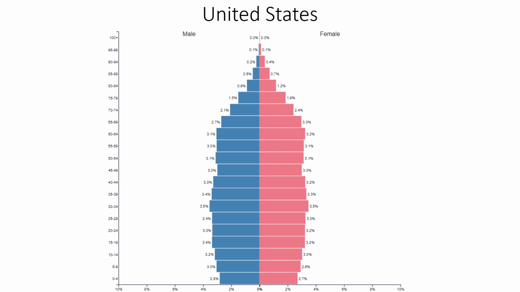Maybe not, because the United States still has a big incoming flow of immigrants, but still the population pyramid of the United States is really proportional and balanced. It looks really nice.